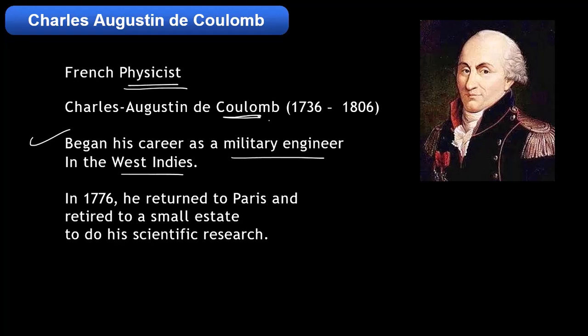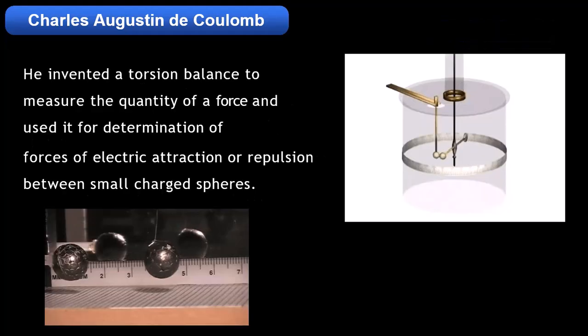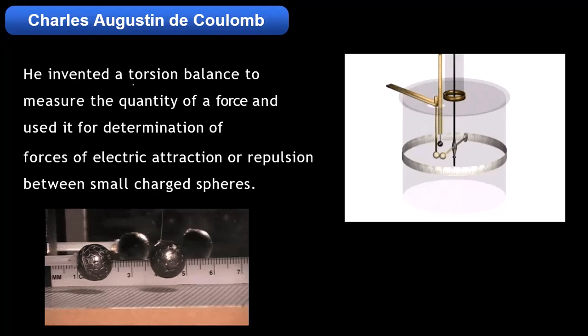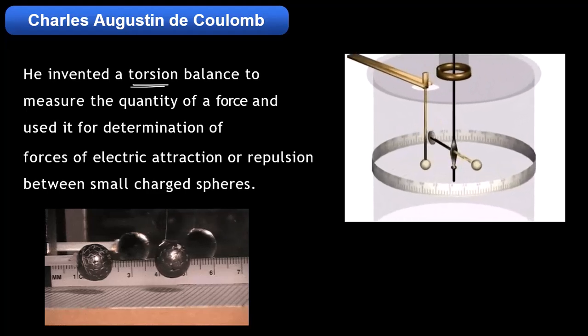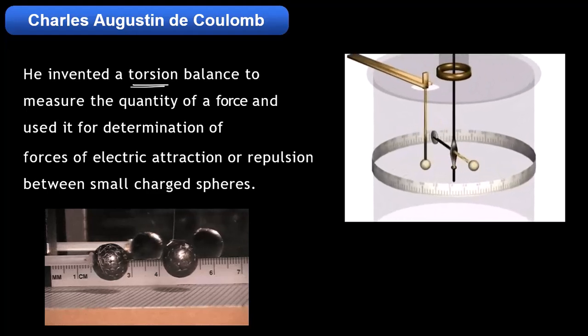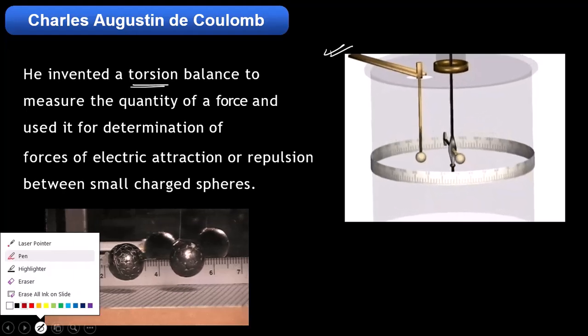Later in his life, he found the job was not suitable, so he came to Paris and started doing scientific research on his own. He invented a torsion balance, a simple setup. Now the animation is shown here. Try to see the animation clearly, but I am drawing it in parallel.